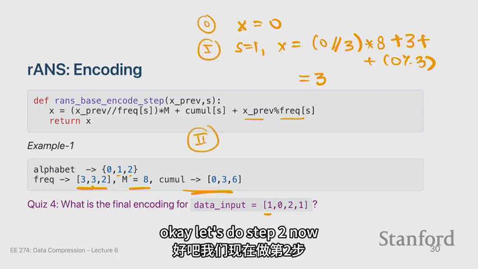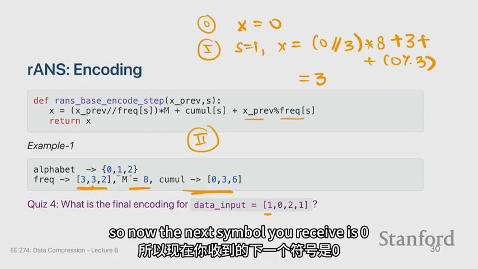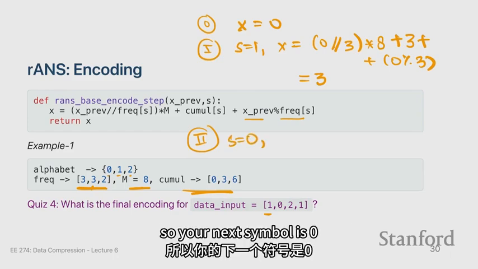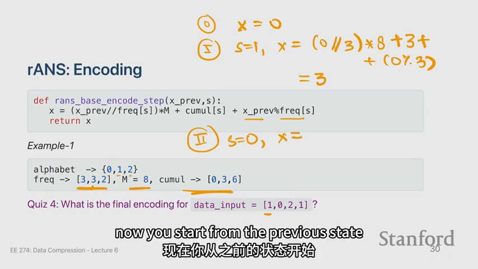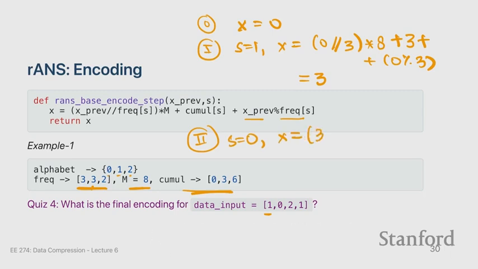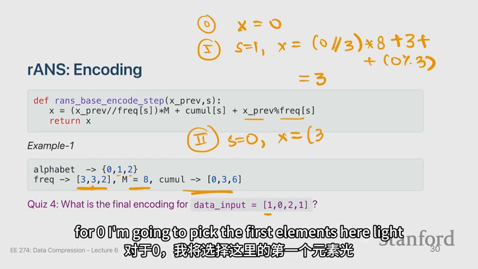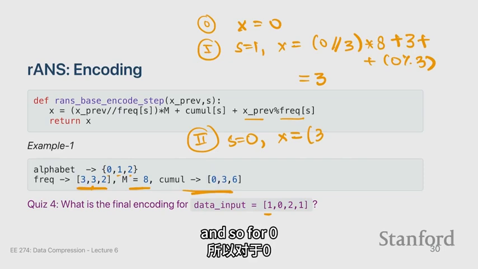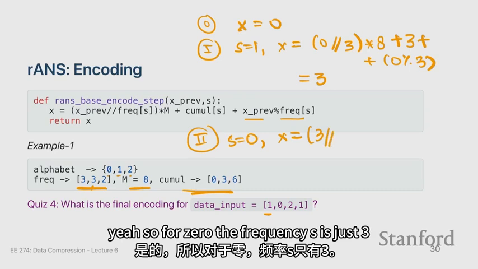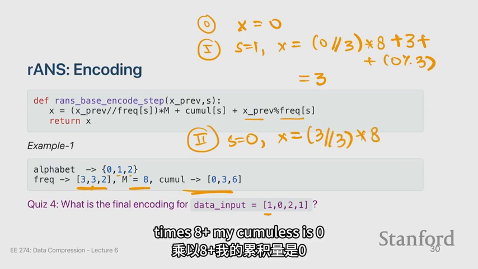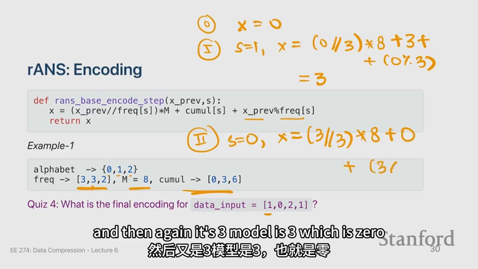Let's do step 2 now. The next symbol you receive is 0. You start from the previous state, which is 3. For 0, I'm going to pick the first elements here, so the frequency S is 3. That gives 3 divided by 3, which is 1, times 8, plus my cumulative, which is 0, plus 3 modulus 3, which is 0.